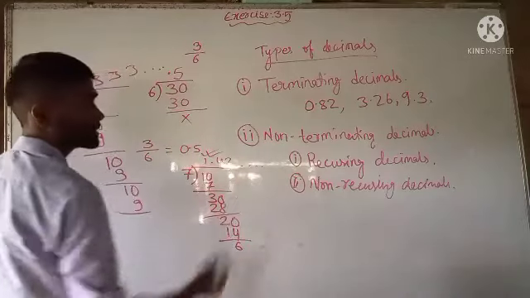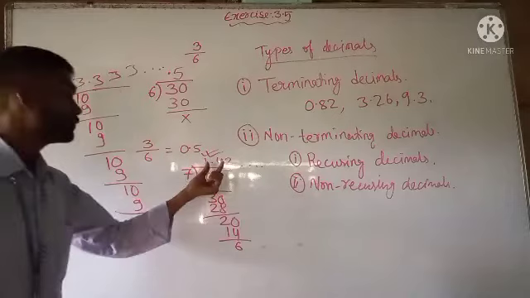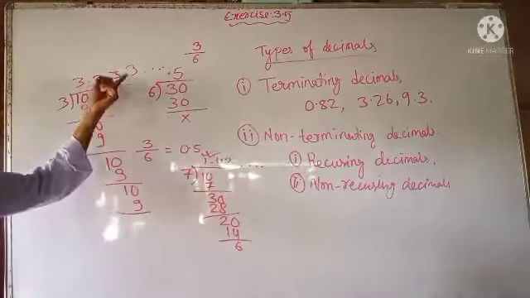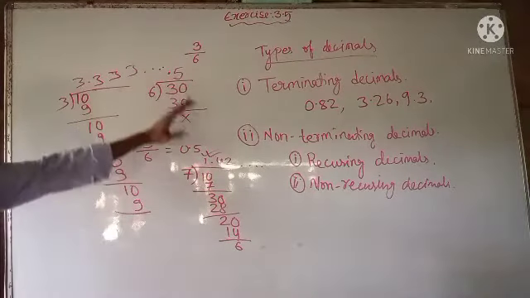It will go on like this. Such decimals also will come where the numbers are endless. We can go on dividing in such a way that it will not finish.